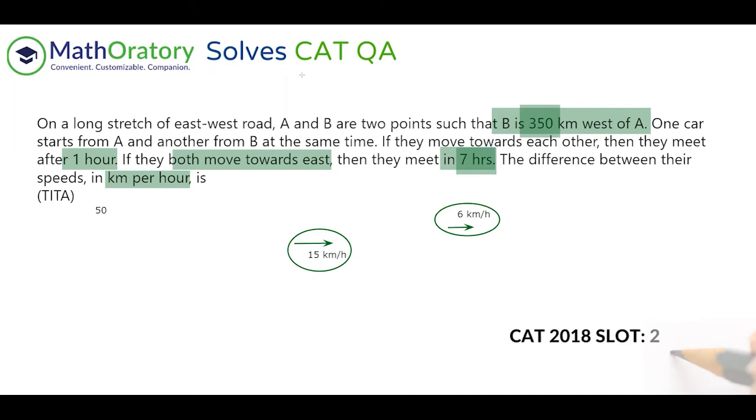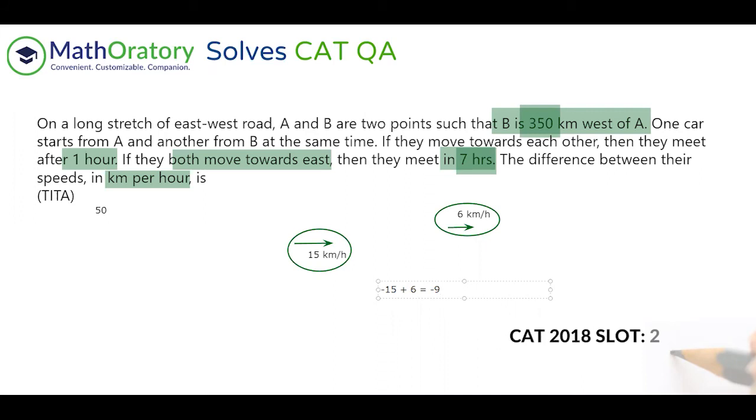So effectively, the distance between the two will reduce by 15 because of the car behind, but will increase by 6 because of the car ahead. So effectively every hour the distance between them is reducing by 9.